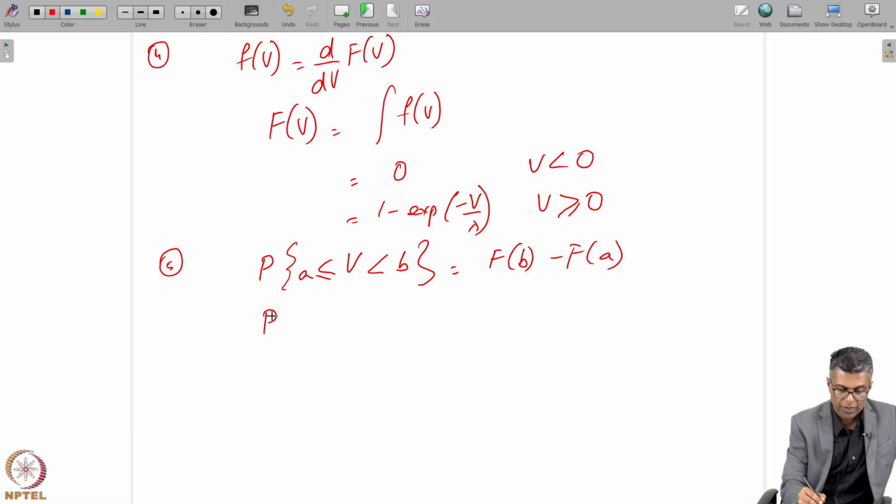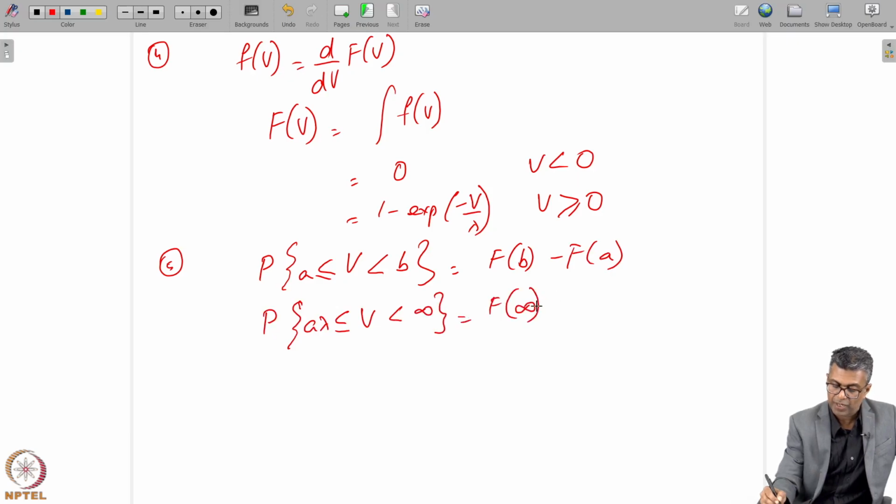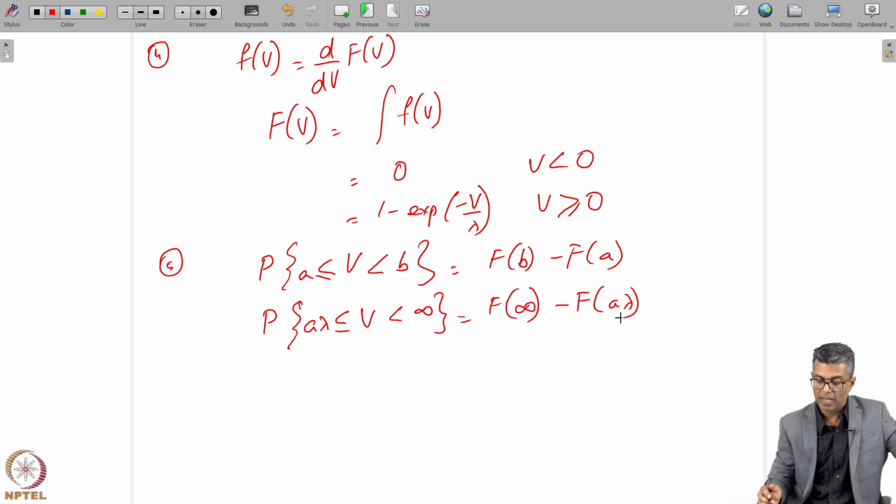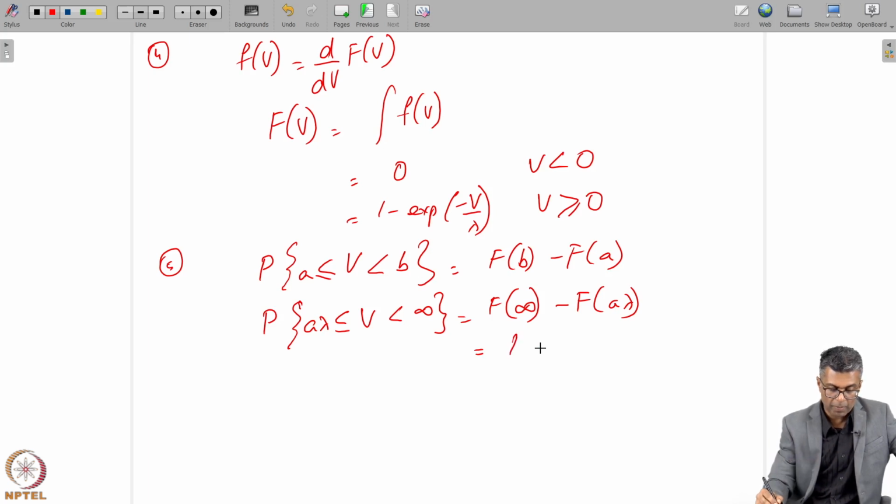So if you want to find the probability of a lambda less than or equal to v less than infinity, then that is F of infinity minus F of a lambda. That's it. And F of infinity is basically the probability of all the values being less than infinity, which is 1, so it is 1 minus F of a lambda.